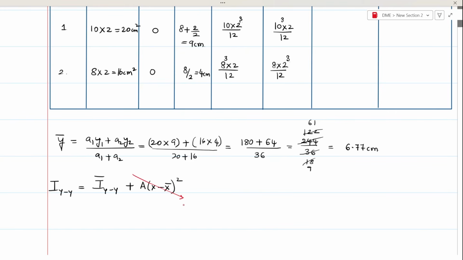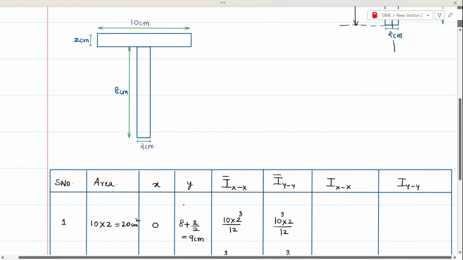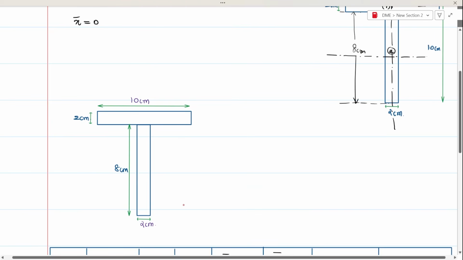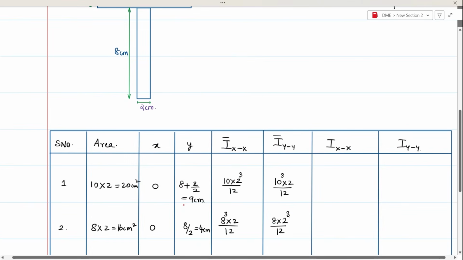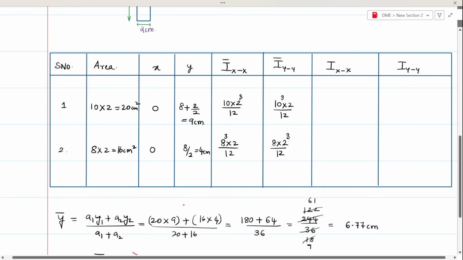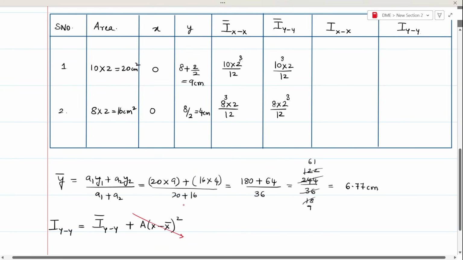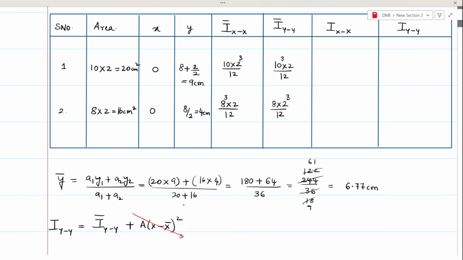This term will be cancelled, the reason being that x bar is 0 because of the symmetry about the y-axis, and even x1 and x2, both the coordinates, are also 0. So in short, the moment of inertia about the centroidal y-axis or the y-axis is the same.